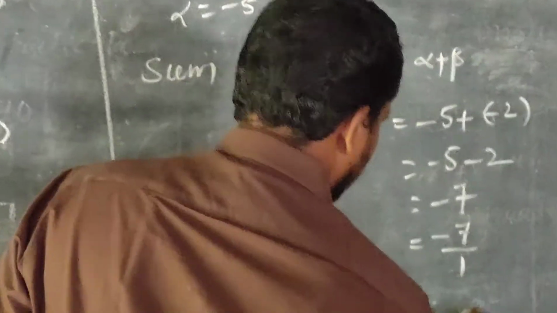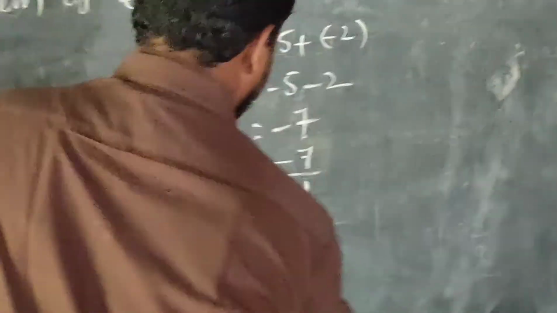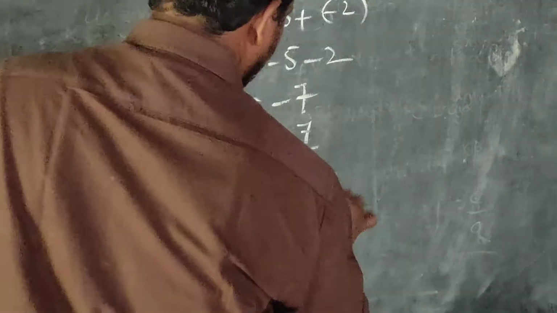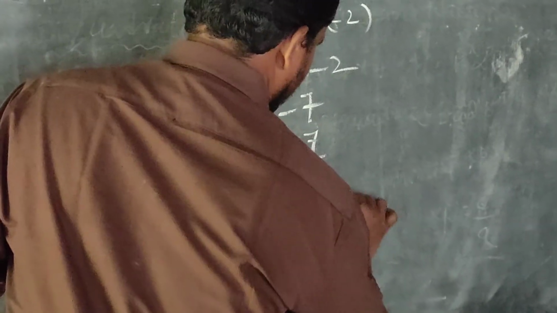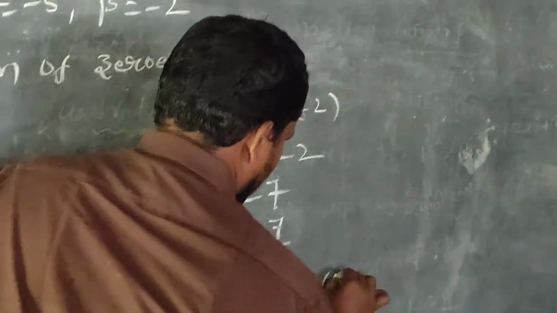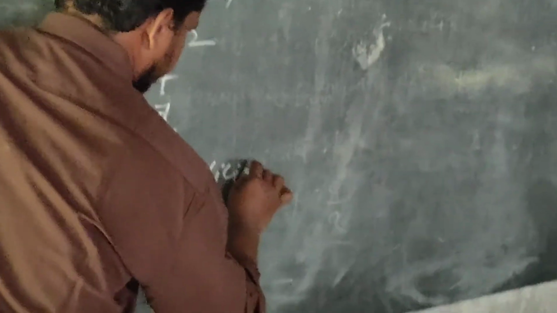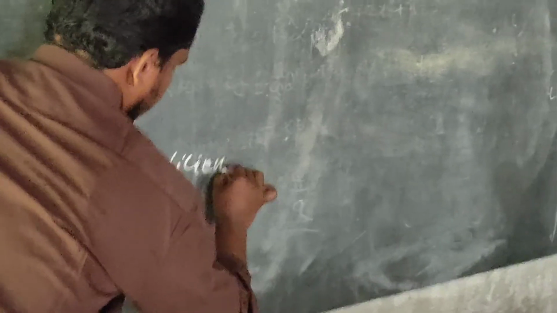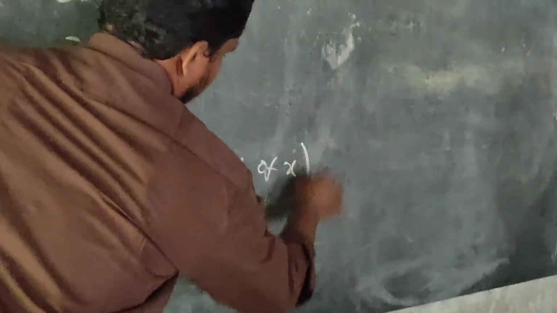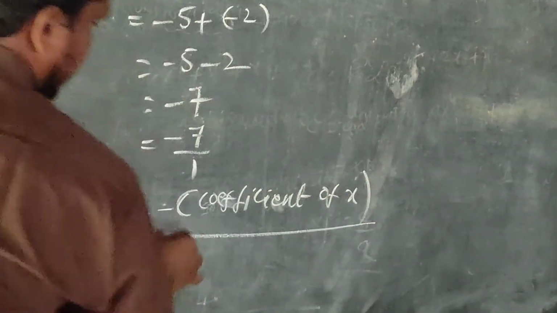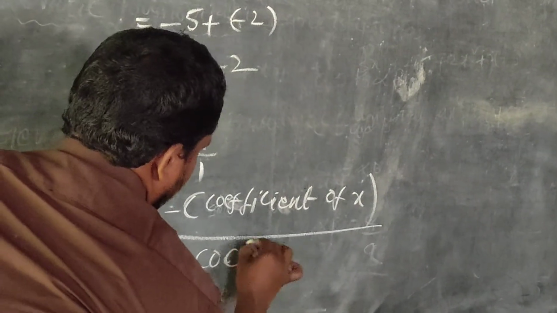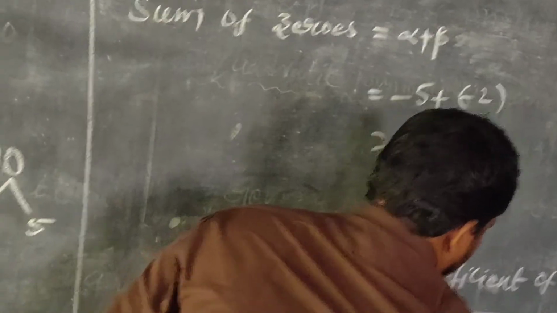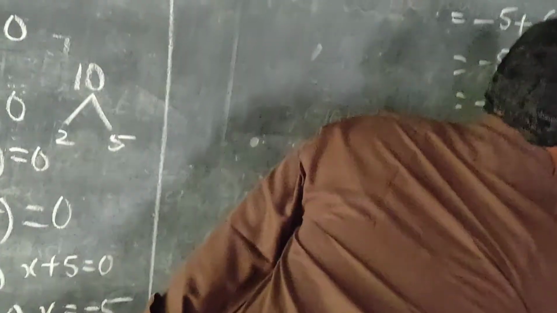That is equal to minus the coefficient of x divided by the coefficient of x square.